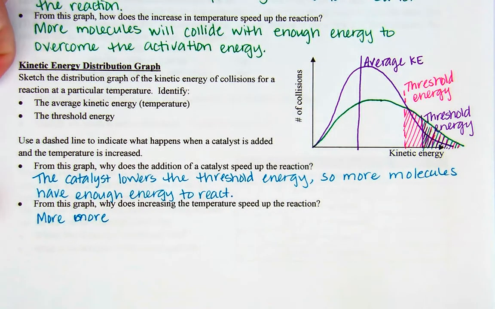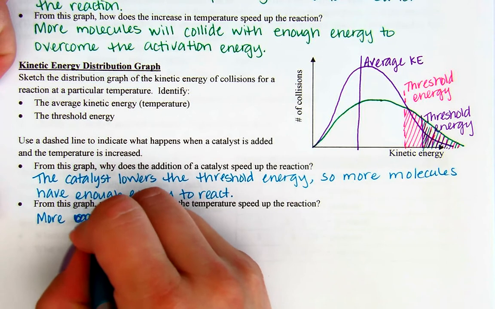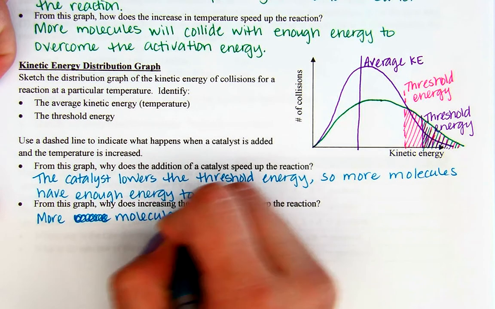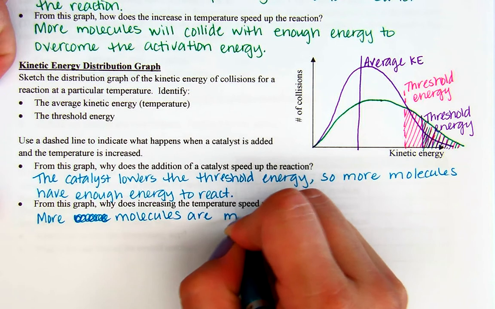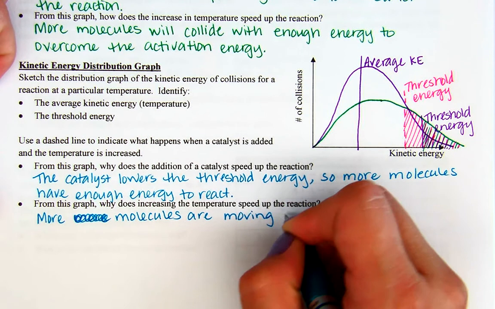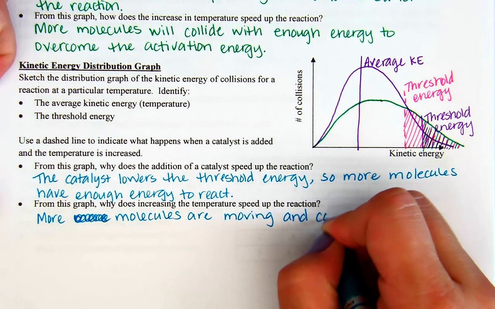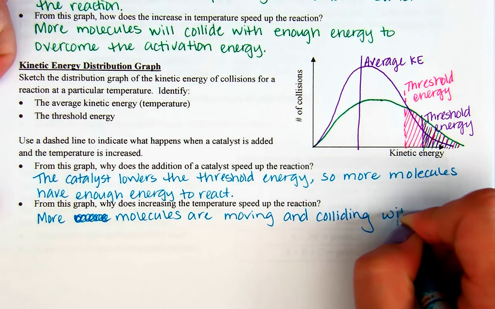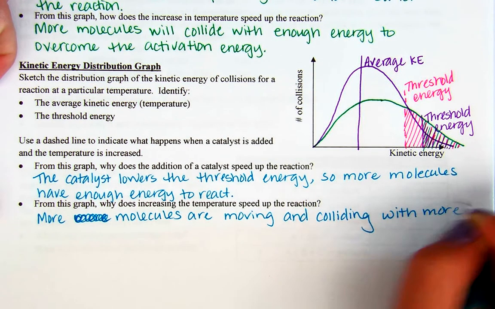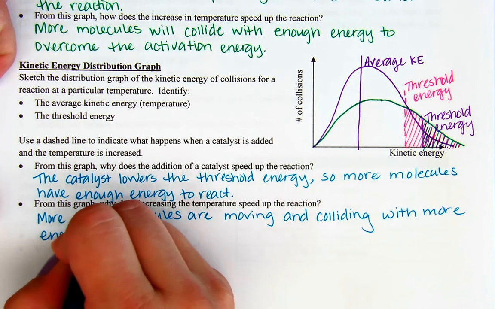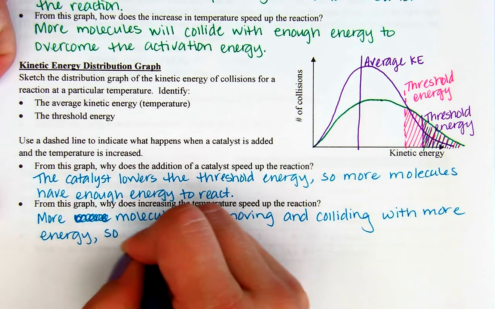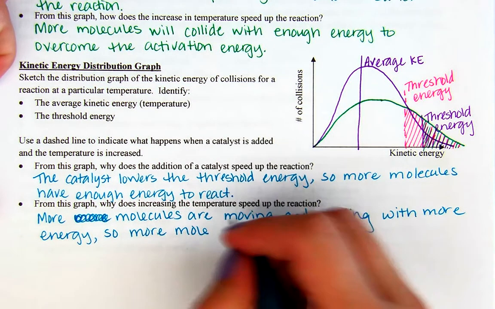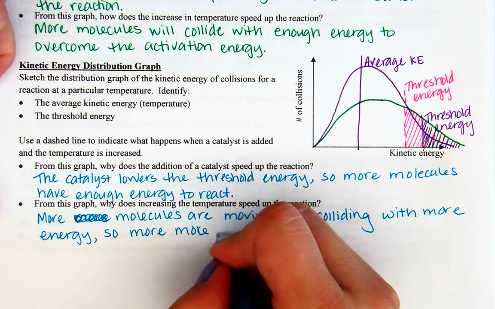Should say more molecules are moving and colliding with more energy. So more molecules can overcome the threshold energy.